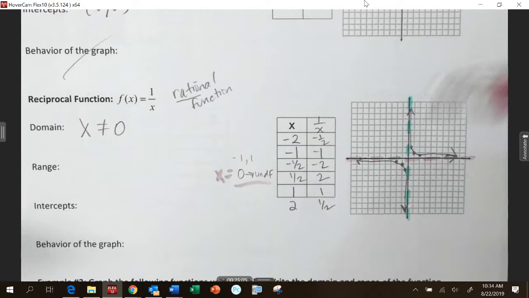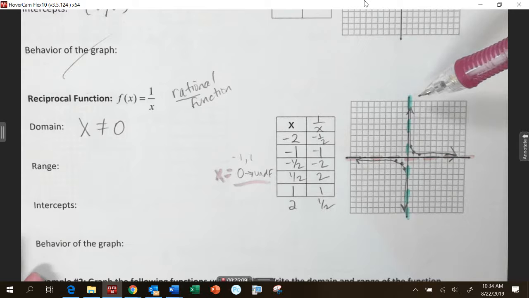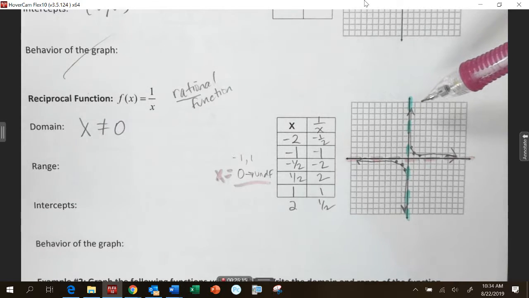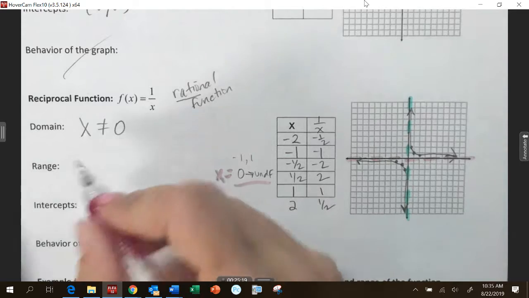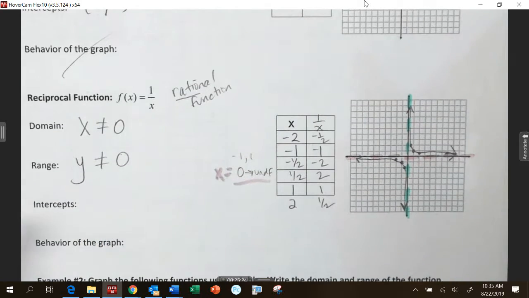How about the range? How far down does it go? How far up does it go? It's everything except for 0, right? It goes all the way down, it goes all the way up, but not equal 0, and that's the y value, so y does not equal 0. Intercepts. There is none, right?